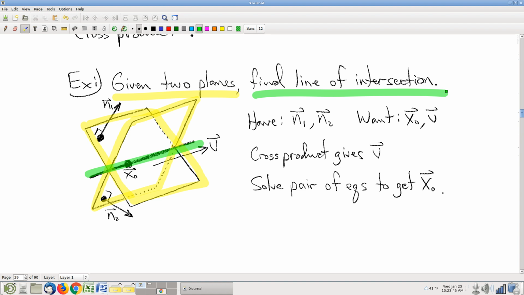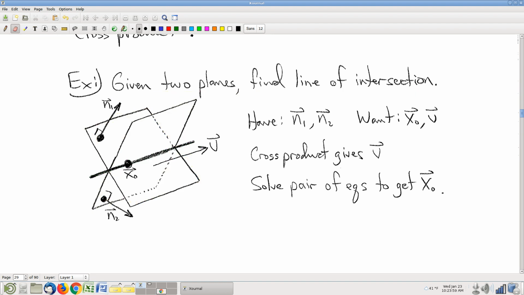Now again, you could think of this as: before we were given two parameterizations and wanted an equation; now we're given two equations of planes and we want to find a parameterization. So let's translate that into geometry. Given two planes, you can infer from each equation the corresponding normal vectors.